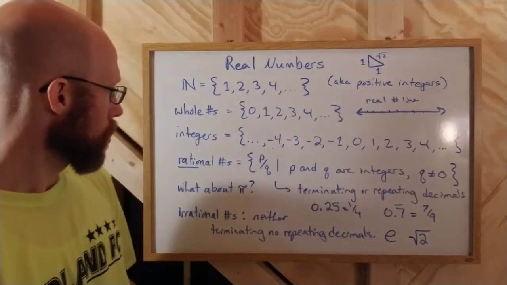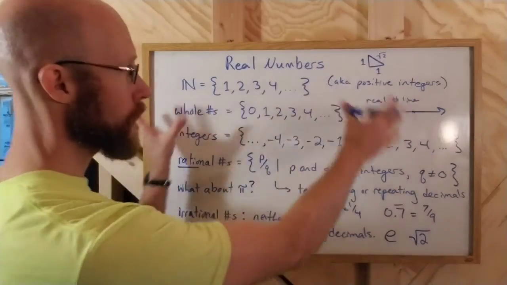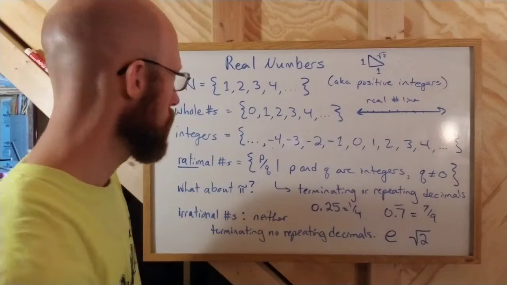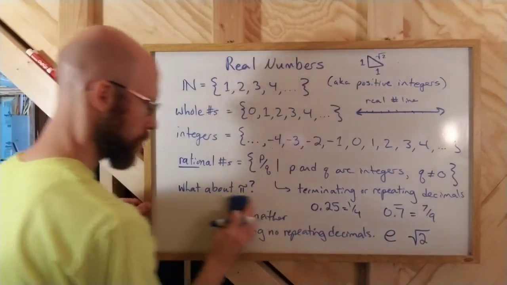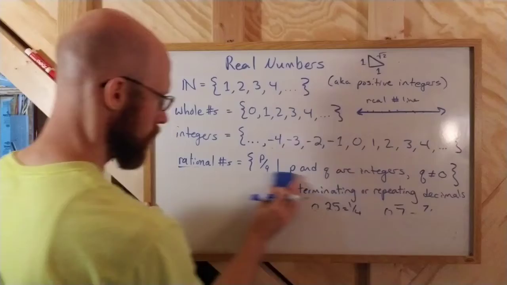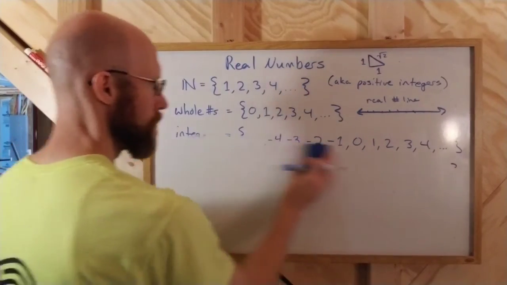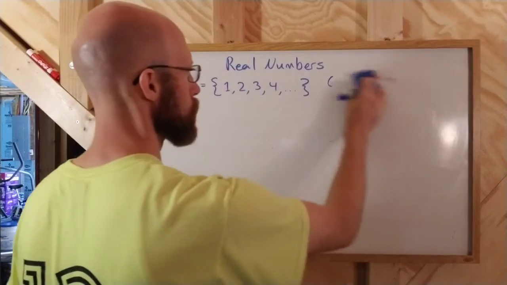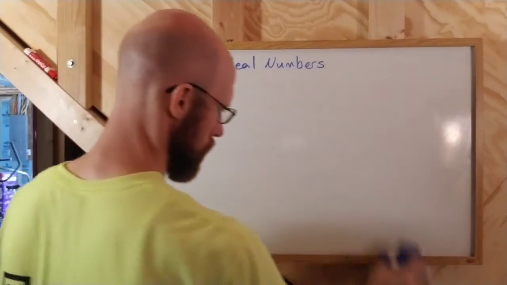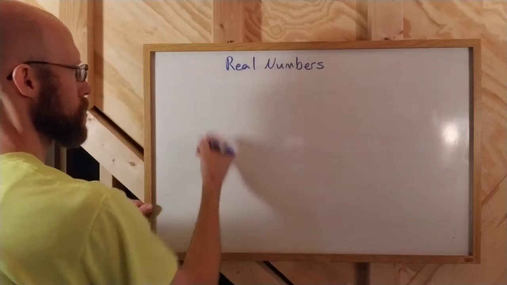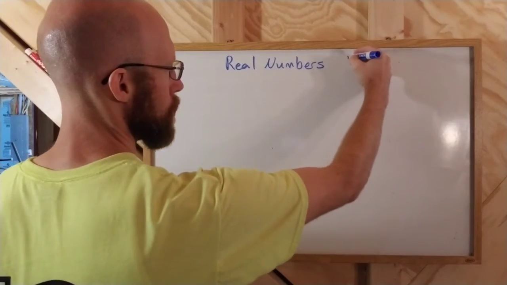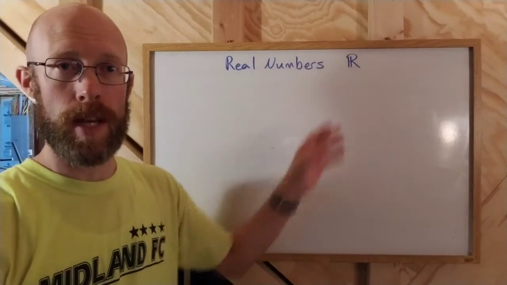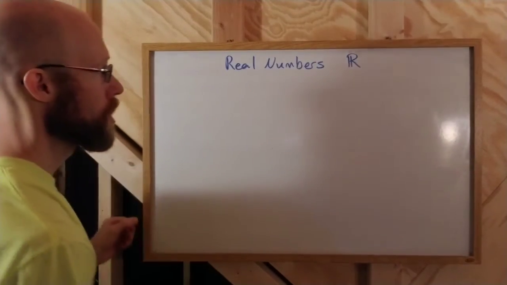Now, if you think about all of these, they all make up what we call the real numbers. And I'm going to create what we call a Venn diagram, sort of, to represent the real numbers. The real numbers are represented by a capital bold R. Typically we use that notation for the real numbers.